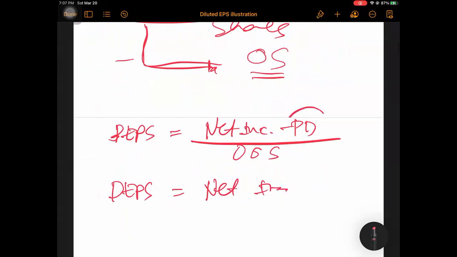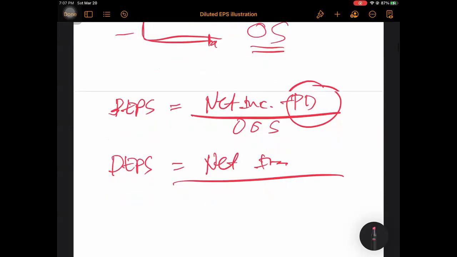So, net income na lang siya. We don't deduct anymore the preference dividend because we assume as if these convertible preference shares were converted into ordinary shares. So, wala na preference, wala na dividends for the preference shareholders because na-convert na siya into ordinary shares. So, therefore, to compute the diluted earnings per share, so net income na lang siya, divided by the outstanding ordinary share plus the potential ordinary shares or the convertible preference shares. So, kung pila sa ka-shares i-convert into ordinary shares.